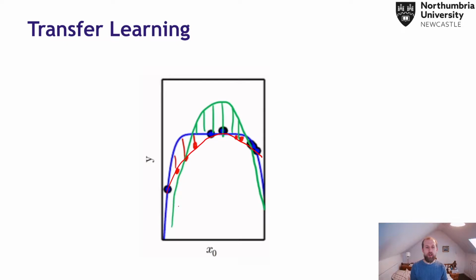If we get a new distribution like the green line, which is still doing something very similar, but it's just got different people involved, or it's images taken at a different time of day or something like that, then the model can struggle to generalize to this new source.